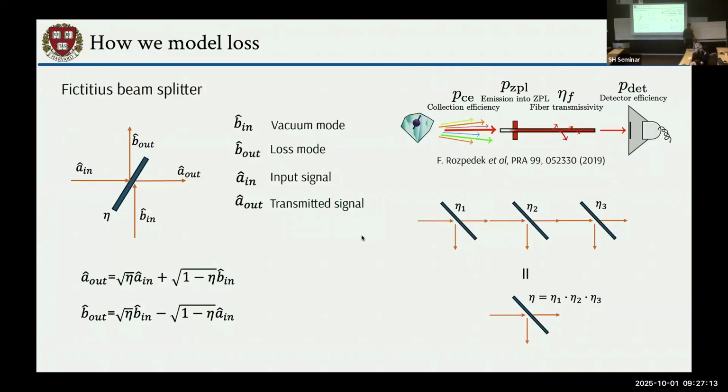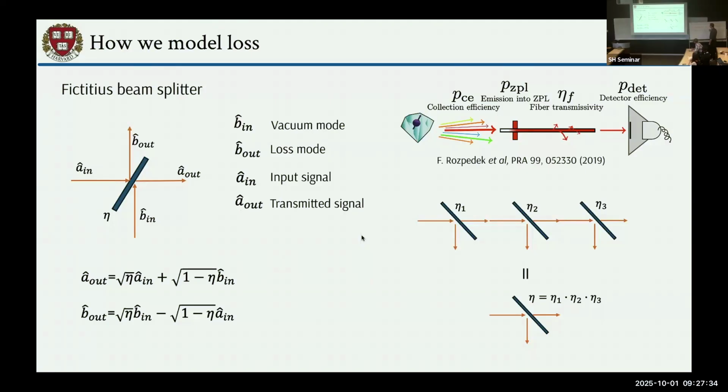So what I was saying is that if I have a photon from Alice, so this is my a in, what the transformation means here is that this is going to go to square root of eta, 1 photon, 0 in the loss mode. I'm going to call that E, or maybe L is better. I don't know, you decide.